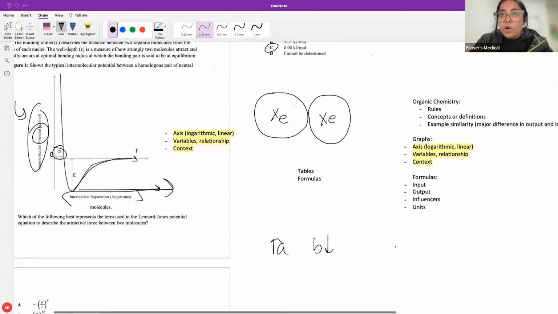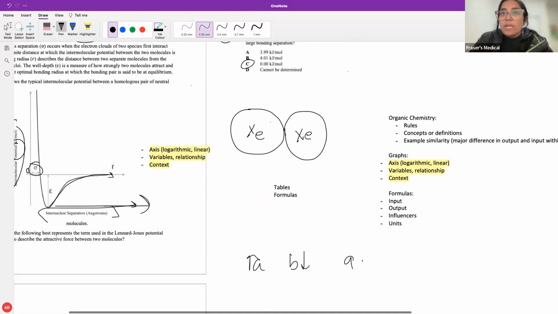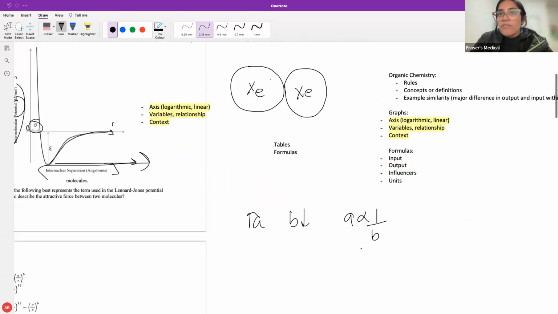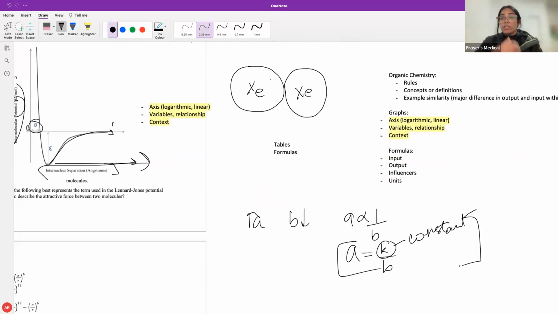Your job is then to go, okay, A is inversely proportional to B. If I put an equal sign there, my formula becomes A = K over B, where K is my constant. So this is my ability to create a formula based on the relationships that are there. These are the major things you look out for within formulas.